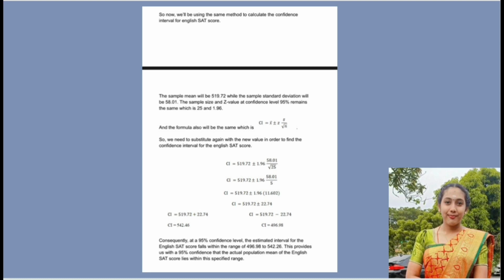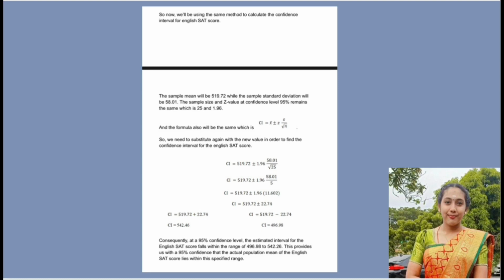The sample size and the z value at confidence level 95% remain the same, which are 25 and 1.96, and the formula also will be the same. So we need to substitute again with the new values in order to find the confidence interval for the English SAT score. The calculation is shown in the slide.